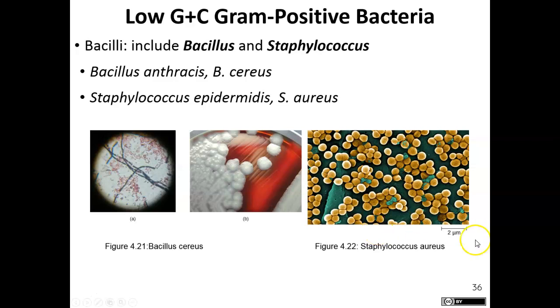So this is Staphylococcus aureus here, but Staphylococcus epidermidis looks the same. Staph epidermidis in general does not cause disease. It is found on our skin, and it is part of our normal flora. Staphylococcus aureus can be disease-causing, causes things like boils, can cause impetigo and other diseases, and can be hard to treat because of antibiotic resistance.